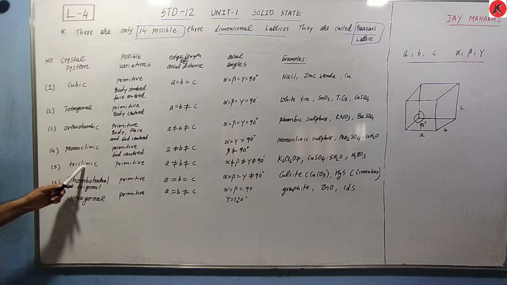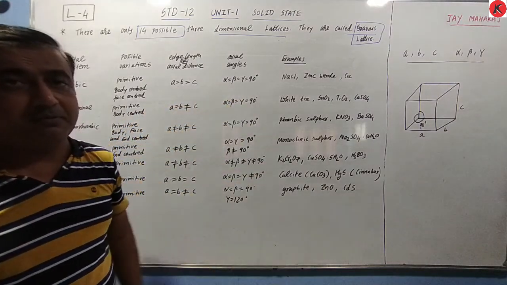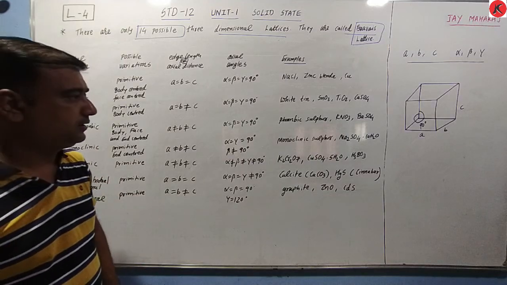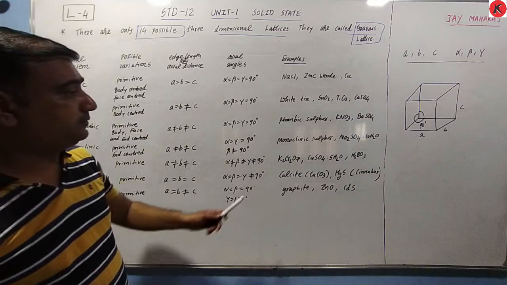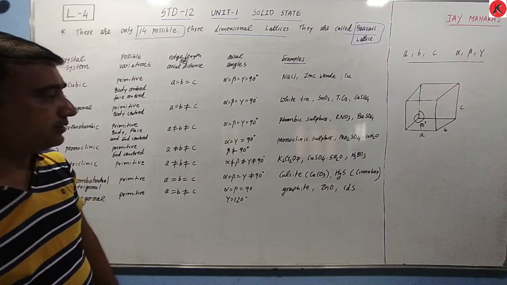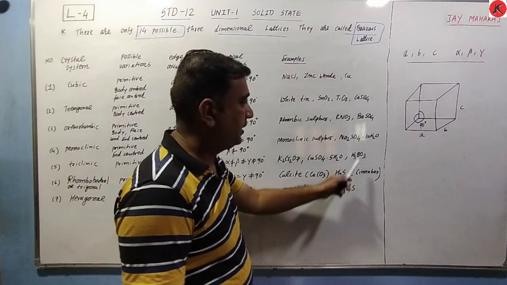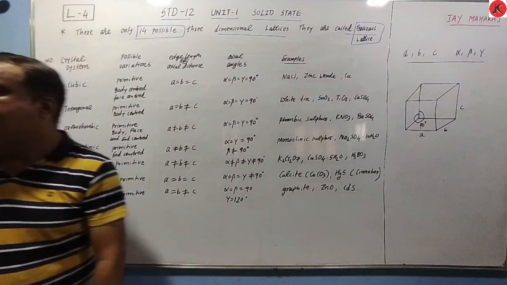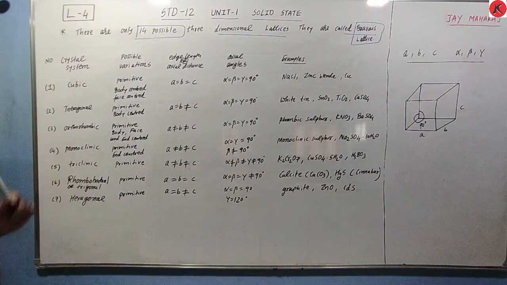That means triclinic is completely opposite to the cubic system, where a equal to b equal to c and alpha, beta, gamma are 90 degrees. Examples: potassium dichromate, copper sulfate in hydrate form, and H3BO3, that means boric acid, otherwise orthoboric acid.